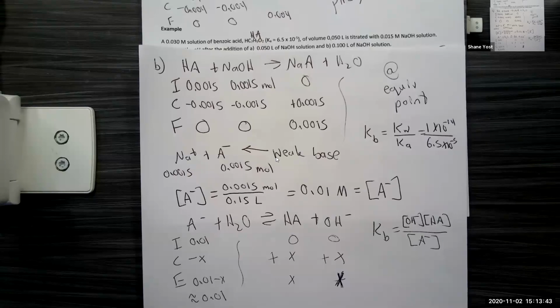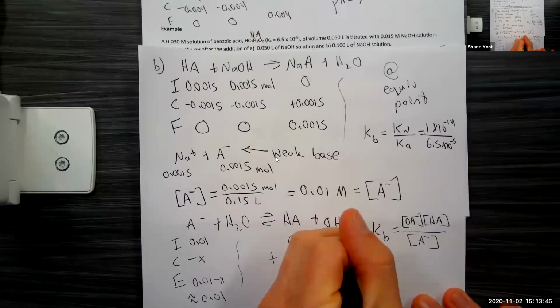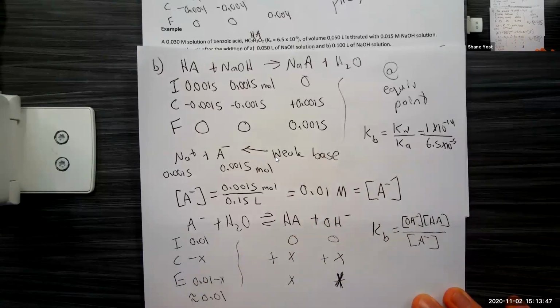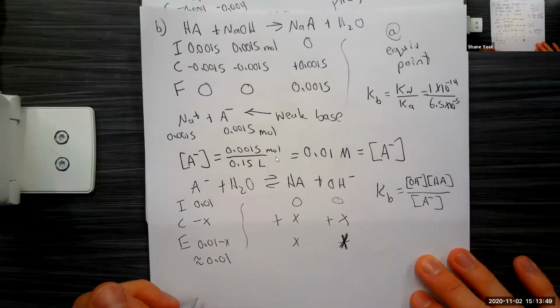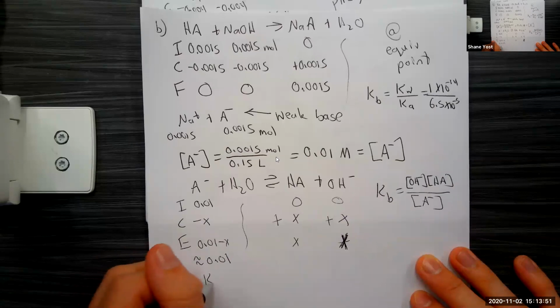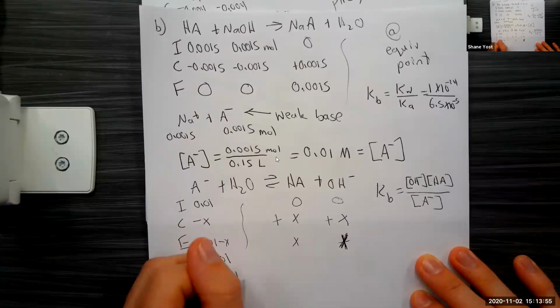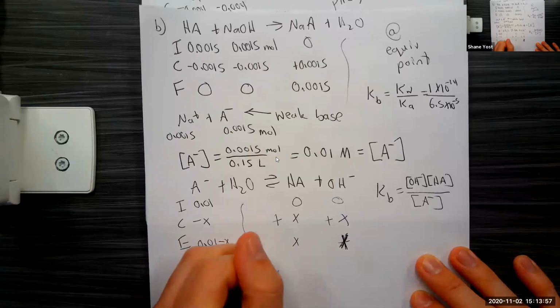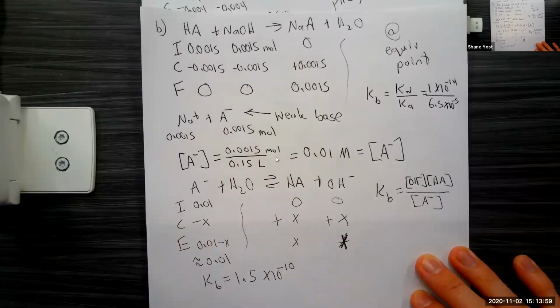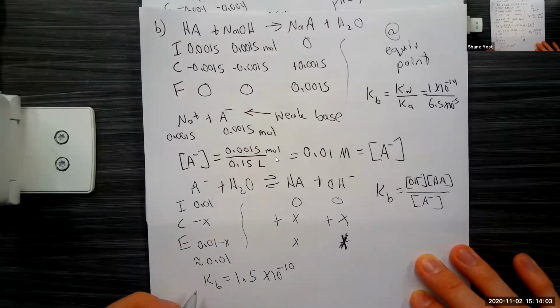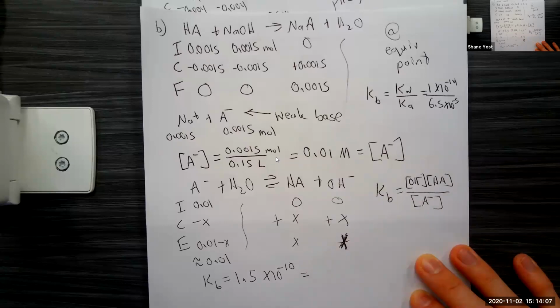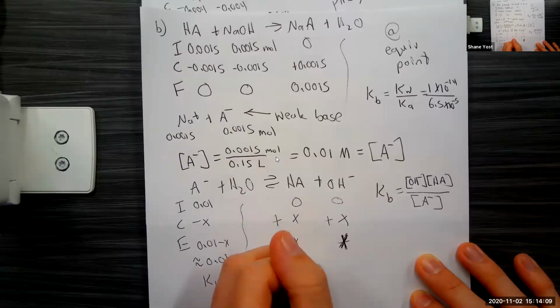So Kb equals, and you plug in those numbers, 1.5 times 10 to the minus 10, okay? So 1.5 times 10 to the minus 10 equals the concentration of OH times the concentration of HA, which are both X at equilibrium.